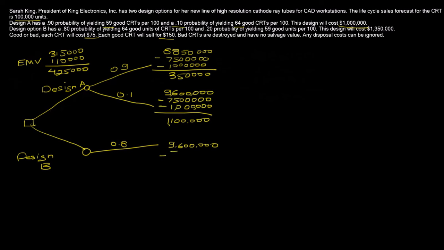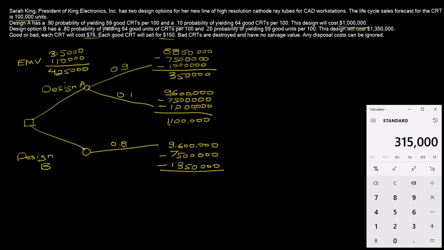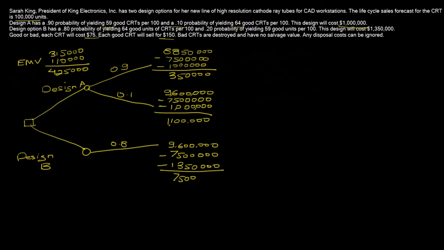The variable cost would remain the same, 7.5 million. Now the fixed cost has increased to 1.35 million. So 9.6 million minus 7.5 million minus 1.35 million, and we'd end up with 750,000 as the net value for the first part.